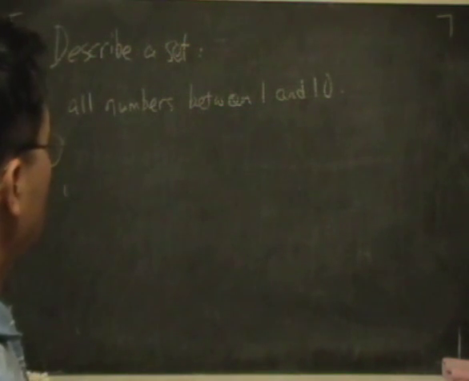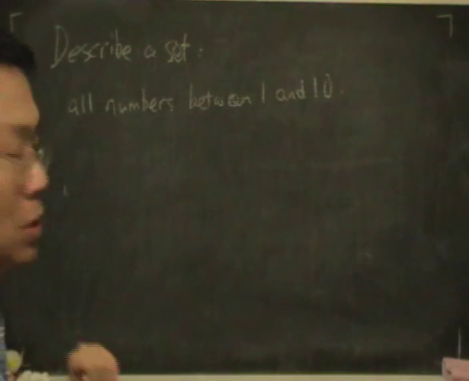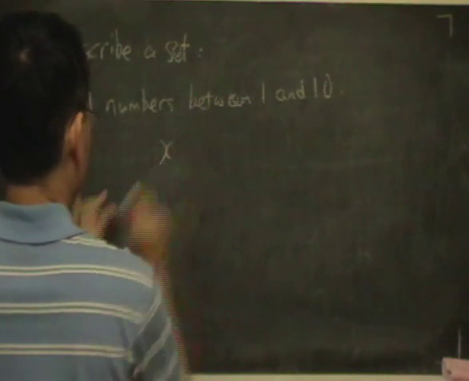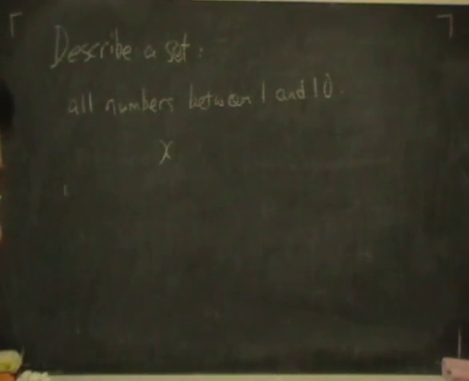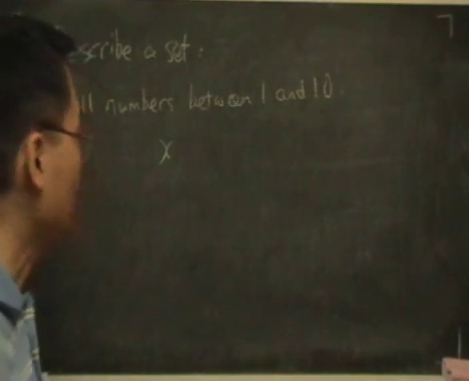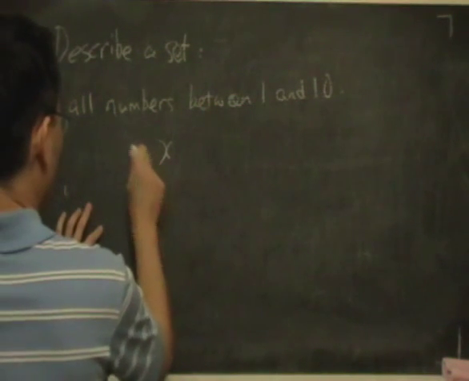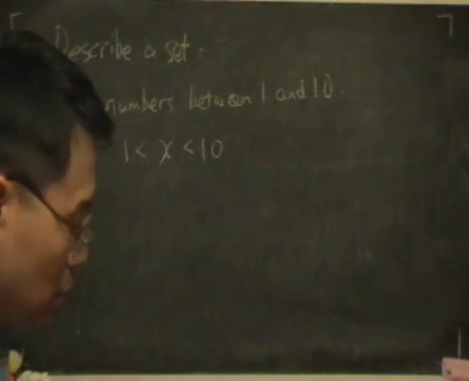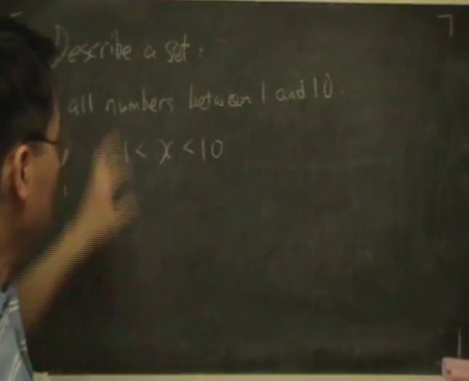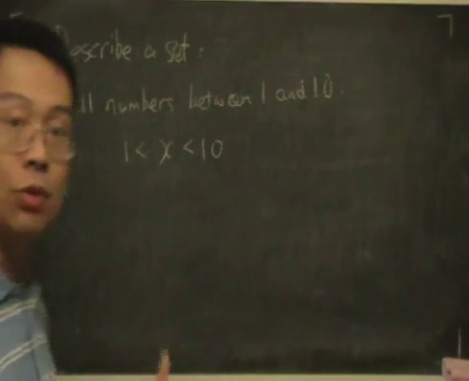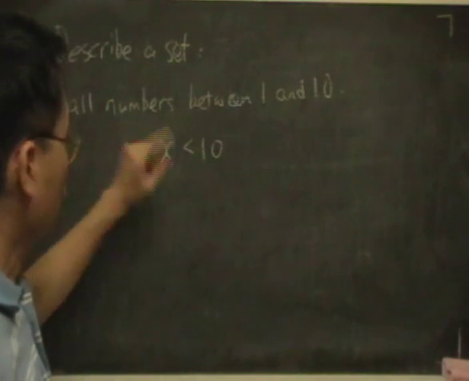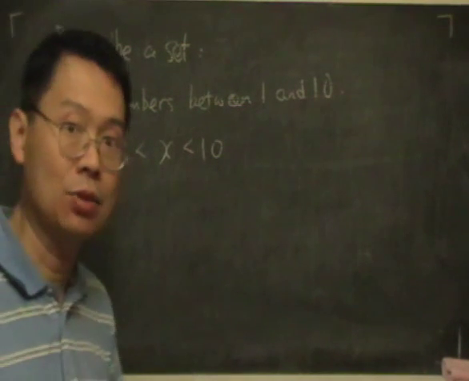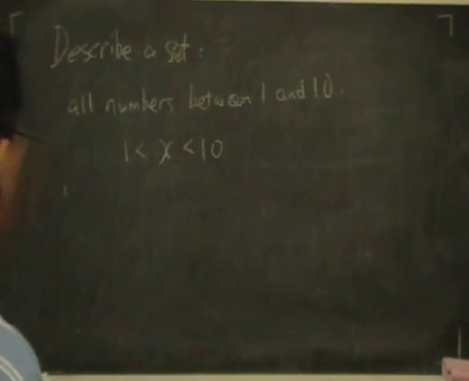So I could use algebra, for example, to represent a number x. So that's my number, and if this has to be between 1 and 10, it means that it has to be more than 1 and less than 10. And if I'm interested to say that this collection of all these numbers in between 1 and 10 belong to a set, or that a set contains these numbers, then I would write it this way.